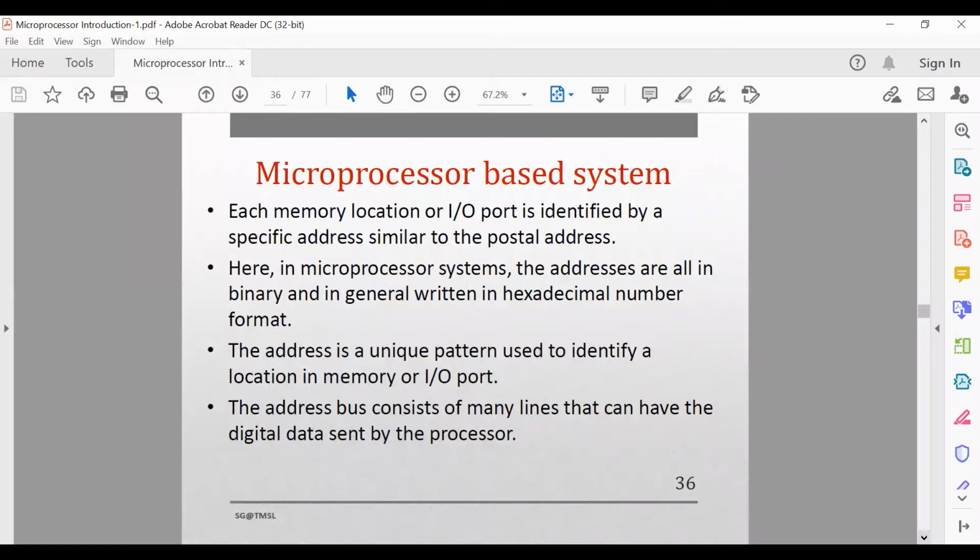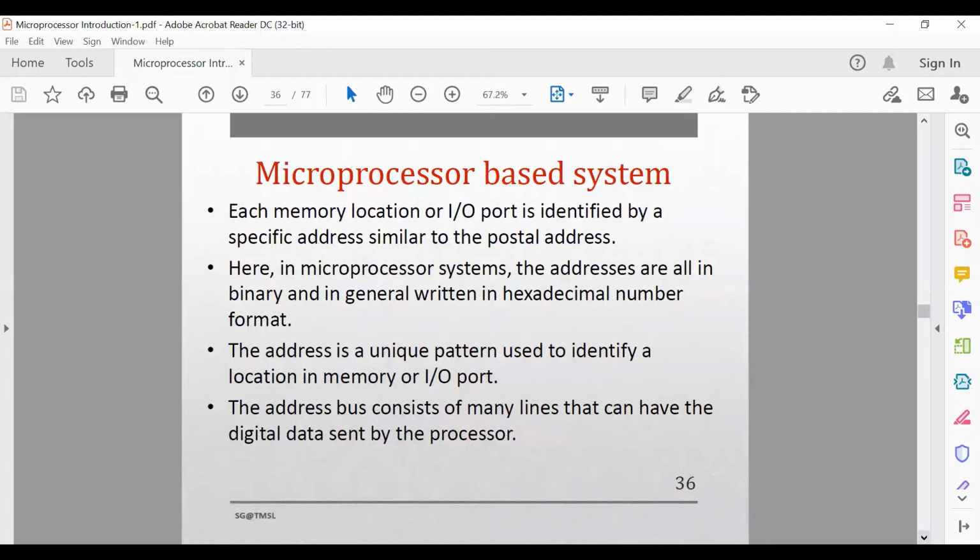So when we are about to write our program, we must specify it using the hexadecimal number system. When the microprocessor executes that instruction or data, it is always in binary format, because a machine can understand only 0 and 1.